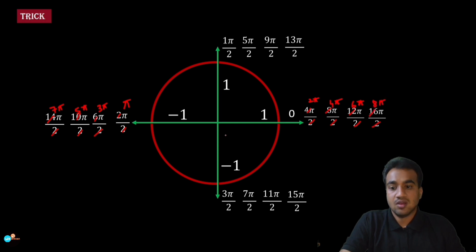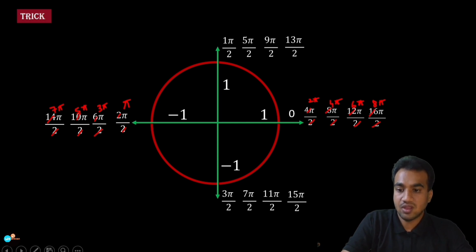All right, but see, here there are two lines. One is the horizontal line and this is the vertical line. What is the value of cos 2 pi and what is the value of sine 2 pi? To answer that, let me write cos on the horizontal line side, and there is no vertical value for cos; cos has only horizontal values.